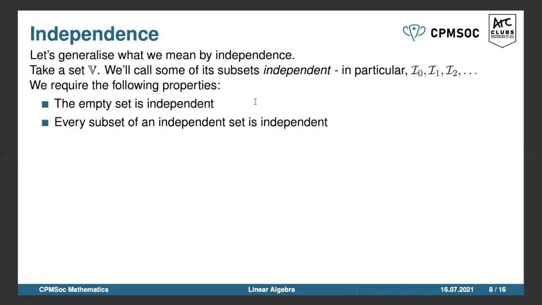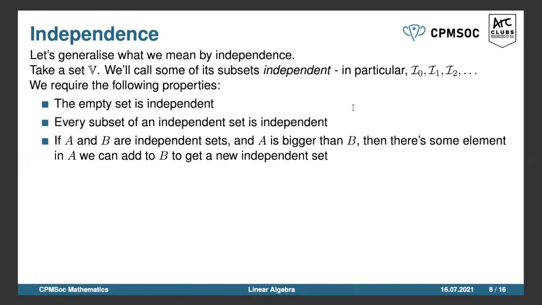We also have this idea of the dimension of a vector space. If we have an independent set, the biggest it can be is the dimension of the vector space. In an n-dimensional vector space, there's n different directions that you can go in.